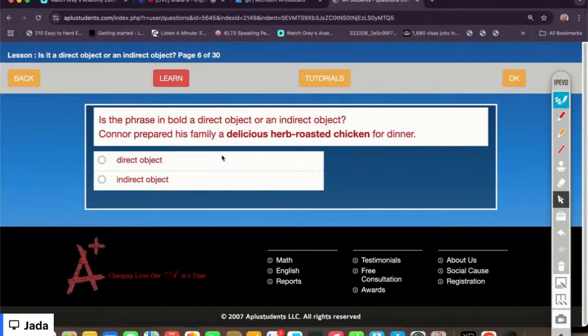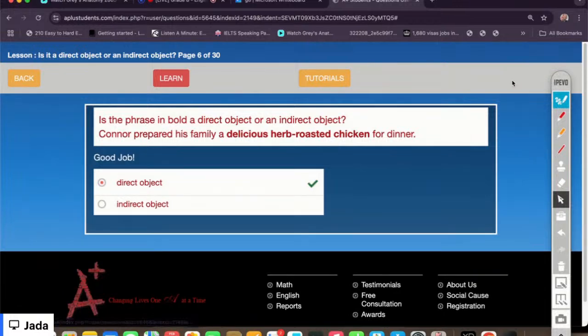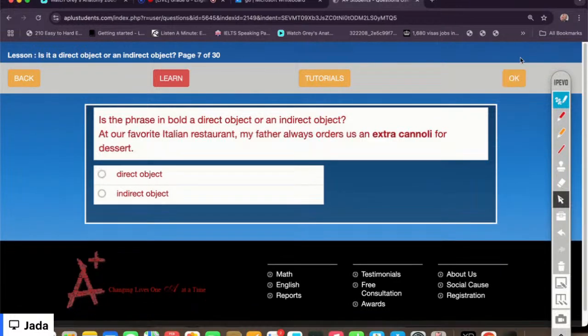Okay, so it will be, what did Conan prepare for his family? A delicious herb roasted chicken. You will ask, what did he prepare? So, at our favorite Italian restaurant, my father always orders us an extra cannoli for dessert.